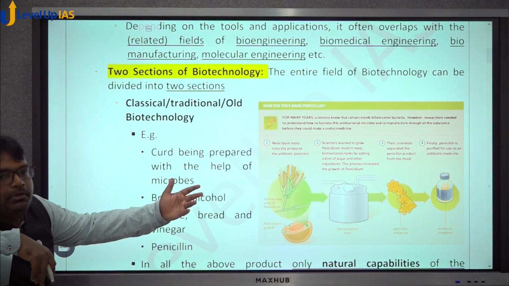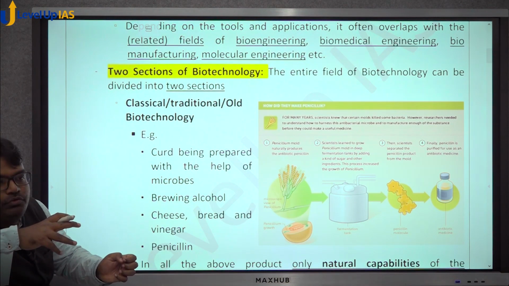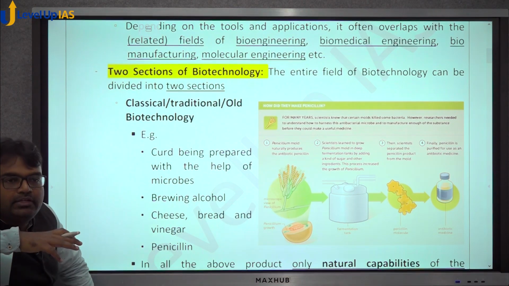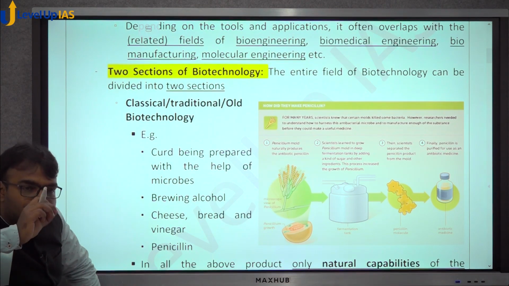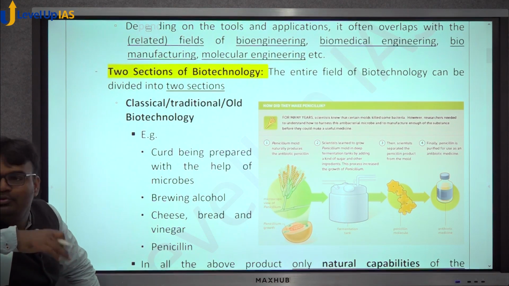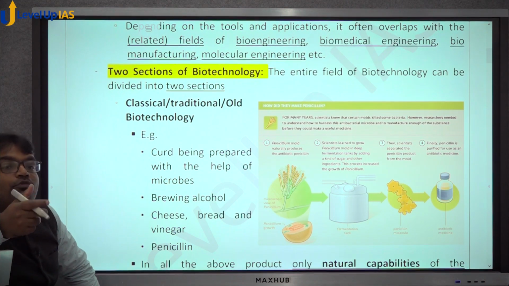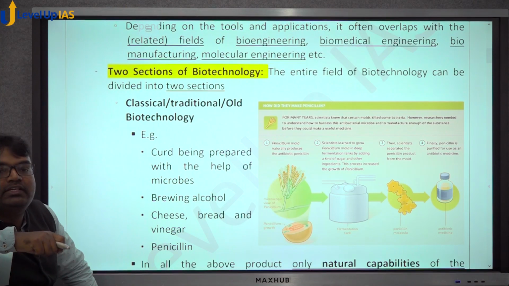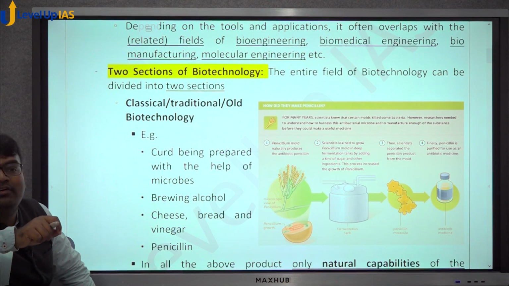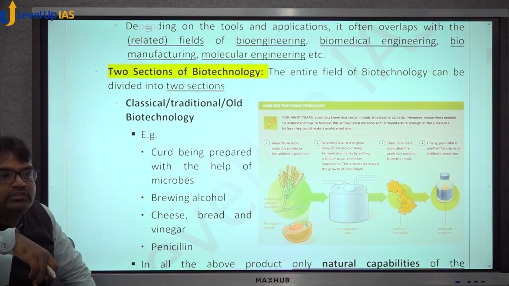So they developed a mechanism to grow this mold in large quantities, extract penicillin out of it and sell it. Here, did we modify the mold? No. The living organism was used as such to produce something that is useful to humans. So even development of penicillin is an example of classical biotechnology. Got it?